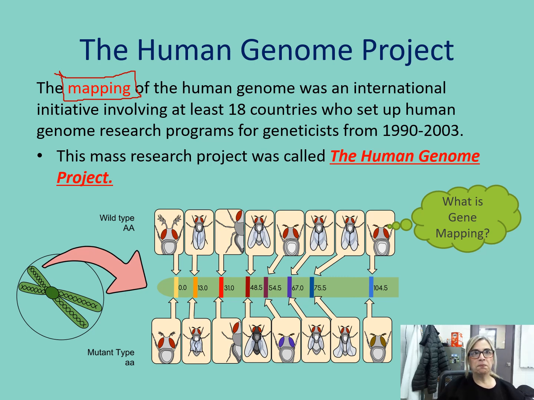So about 120 genes or so code for height. So not just one gene, okay, it's lots of genes. We call that polygenic. So lots of genes contribute towards the expression of height. And obviously all human beings have different heights, right?